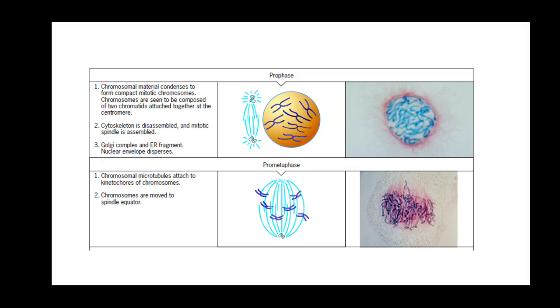So mitosis is the type of division that is mainly concerned with growth as well as repair. The other division of the nucleus is meiosis.